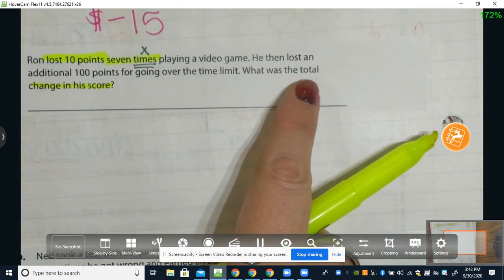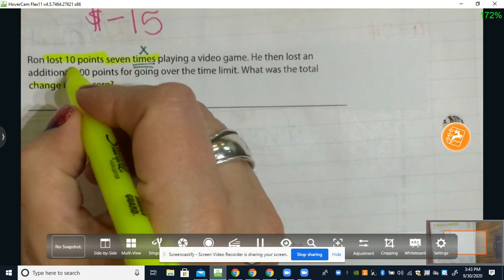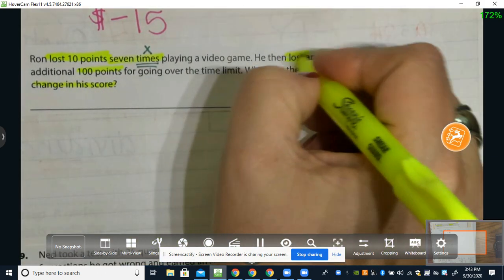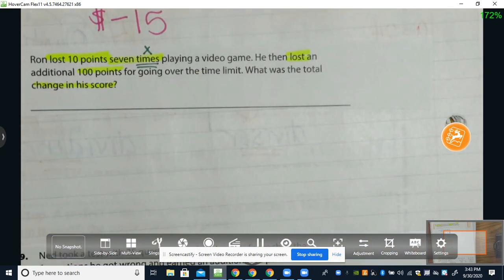Multiply. So now I'm going to be multiplying here. He then lost an additional 100 points. So this 100 points, but did he gain it or lose it? Well, he lost it. So that's probably going to be a minus. I'm going to take away 100 points. What was the total loss? So let's write this out.